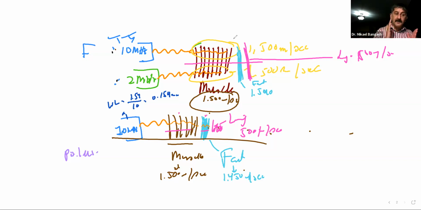You can't say, I'm sending the sound wave through muscle, where the normal speed of sound is 1,500 meters per second, but I want it to travel at a slower speed. There's nothing you can do to increase or decrease that speed of sound, because the muscle will say, this is the speed at which I allow sound to travel through me.